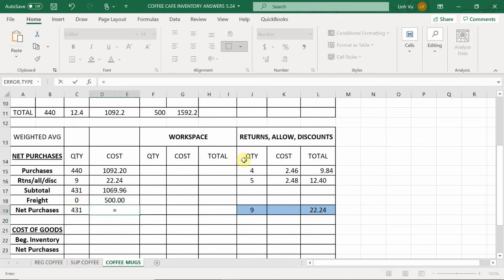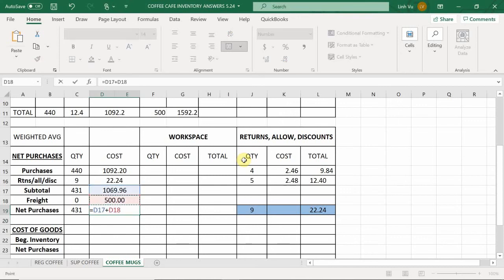Okay. So then what is our total net purchases? The 431. Okay, total net purchases. Wait, what? Okay, do that again.